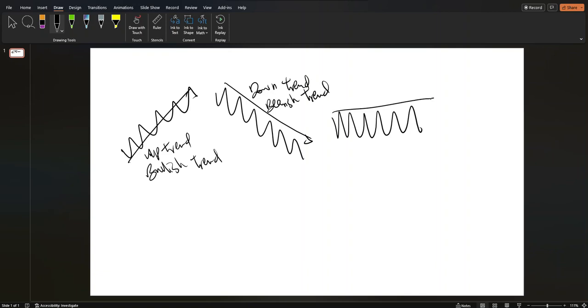And when price is moving in between two levels, this is what is called a range. Some people also say consolidation. So a range, price just moves, it doesn't go up, it doesn't go down. Now that's typically what price does.